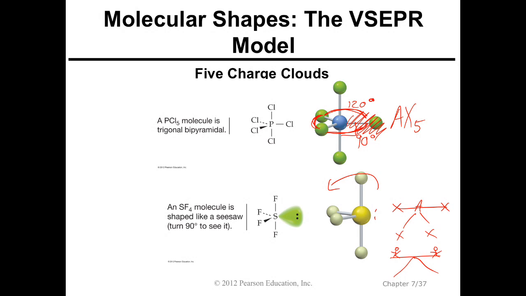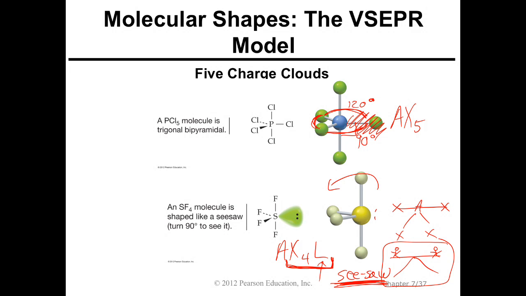Oh, what a beautiful drawing here. This looks like a seesaw. Believe it or not, that is the scientific term for this geometry. If you have an AX4L, where you still have five things around the center but one of them is a lone pair, it's called a seesaw shape.